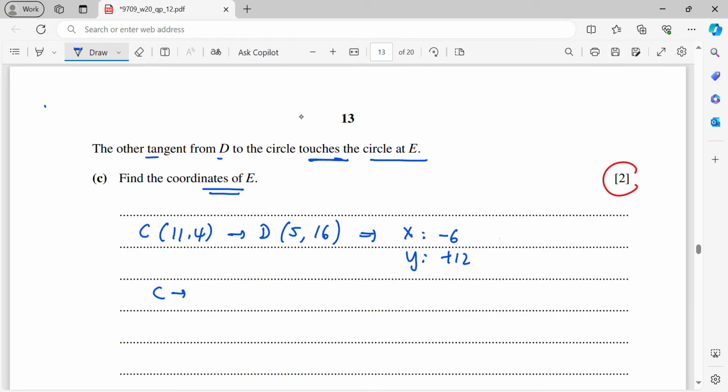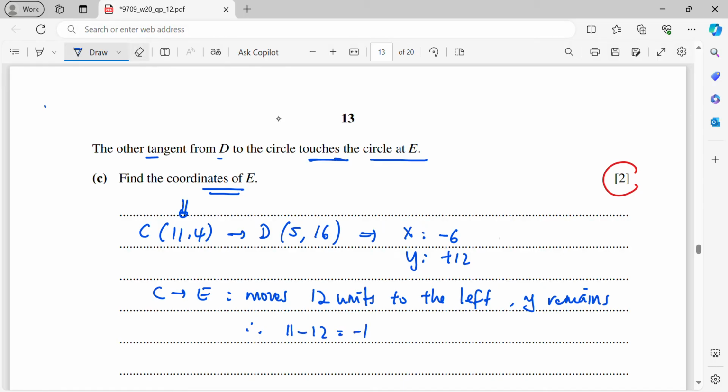So when C goes to E, it moves 12 units to the left, and then the Y remains. Right now your X coordinate is 11, so you move 12 units to the left, which means 11 minus 12, that is minus 1.